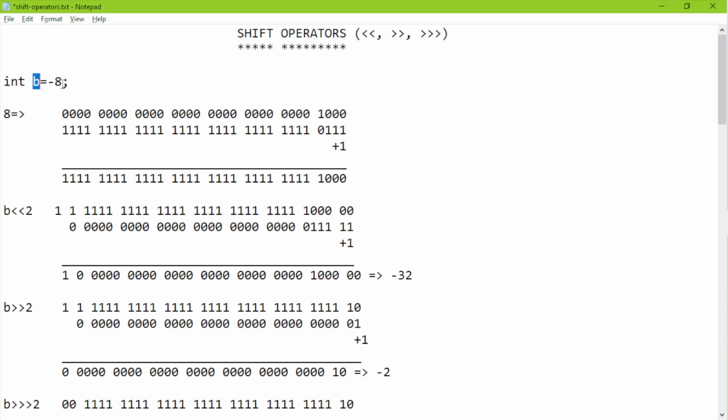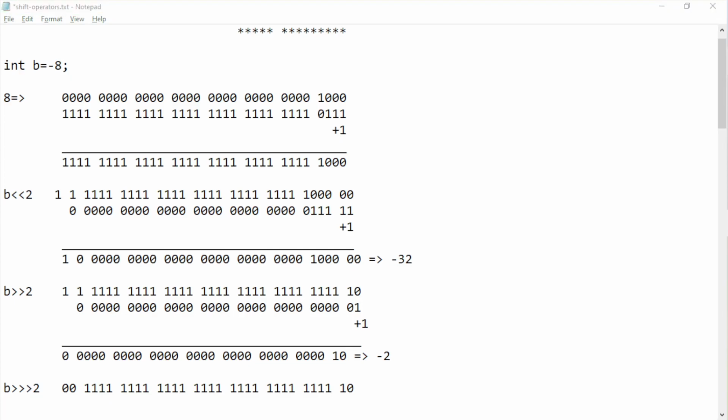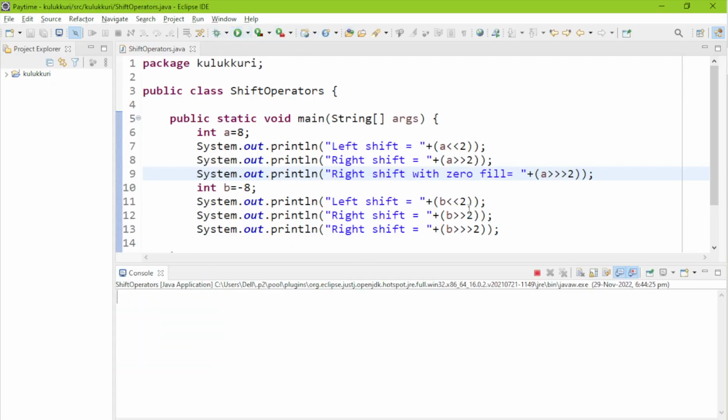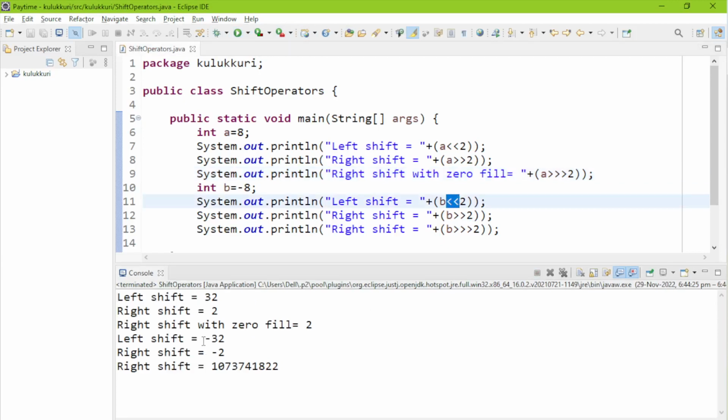B value is -8, we are applying the left shift, so we should get -32, we are applying right shift, so we should get -2, and for right shift with the 0 fill we get this number. So left shift by 2 is -32, right shift by 2 is -2, and right shift with the 0 fill gives this number.